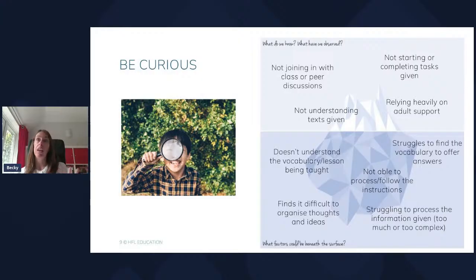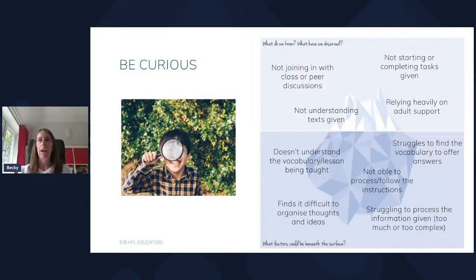We often give blank icebergs to teachers to reflect on individual learners, but completing the iceberg can be done by the teacher, but could also be done with parents and with the child themselves to say, well, this is what we're seeing on the surface. This is what we know and what we have observed, or what the pupil has told us, and then exploring what could be going on underneath the surface.